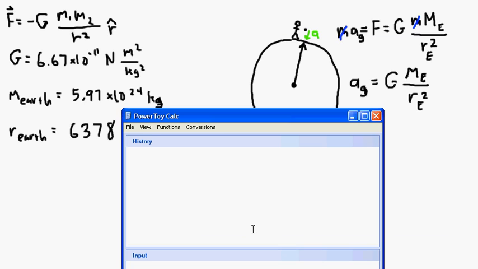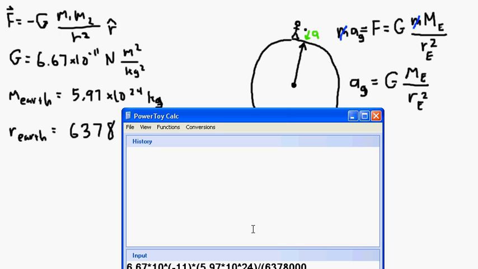So let's see. G is 6.67 times 10 to the minus 11. Sorry. And we're going to multiply that by the mass of the Earth, which is 5.97 times 10 to the 24th. Okay, and then we divide it by r squared, and the radius of the Earth is 6,378 kilometers.